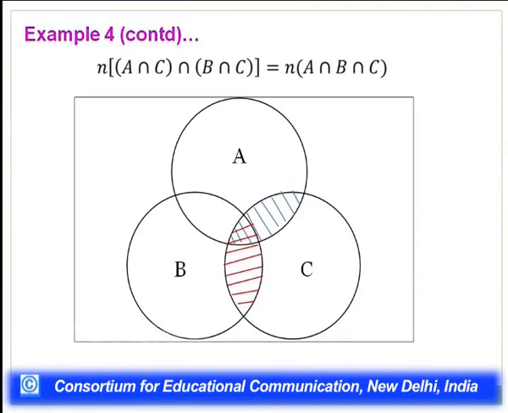A intersection C is this common overlap between A and C, and B intersection C would be the red overlap between B and C. And the intersection of these intersections is this little area which is common to all three of our sets, and this then is our A intersection B intersection C.